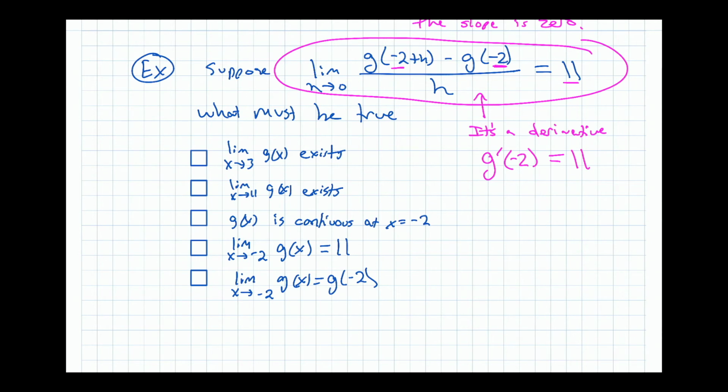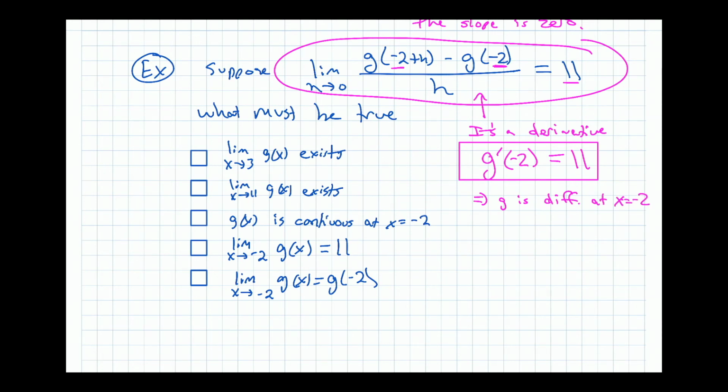So this is what they say. Like, this is the real information that they just gave you. They told you that g prime of -2 is 11. That's what they were saying with their statement. What are the implications of this? Well, the derivative exists, right? That means it's differentiable. So g is differentiable at x equals -2.